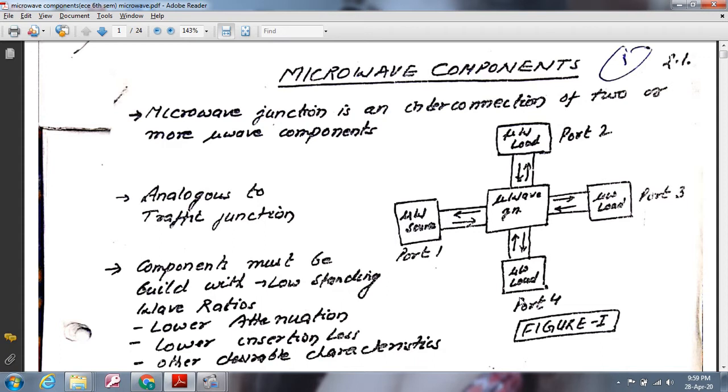The microwave junction is analogous to a traffic junction where a number of roads meet on which vehicles enter and leave the traffic junction.